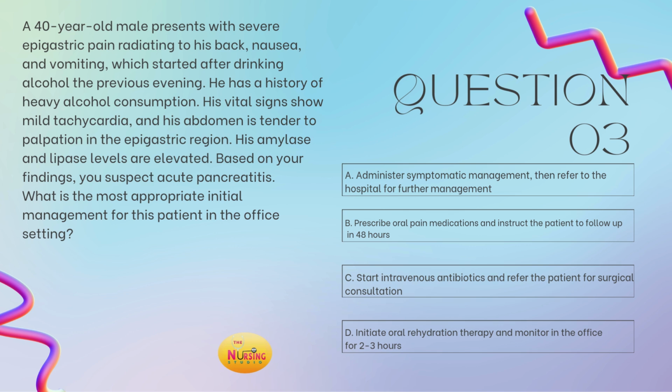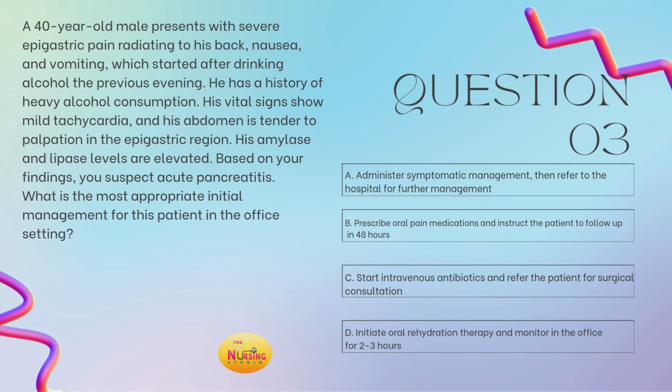What is the most appropriate initial management for this patient in the office setting? It's A, administer symptomatic management, then refer to the hospital for further management. B, prescribe oral pain medication and instruct the patient to follow up in 48 hours. C, start IV antibiotics and refer the patient for surgical consult. Or D, initiate oral rehydration therapy and monitor in the office for 2 to 3 hours. Take a moment and tell me what you got, y'all.